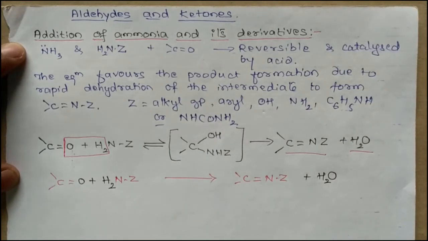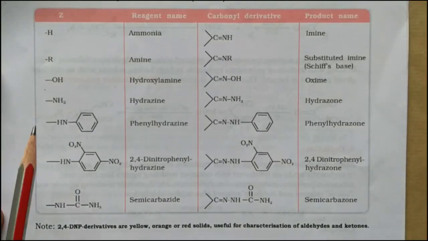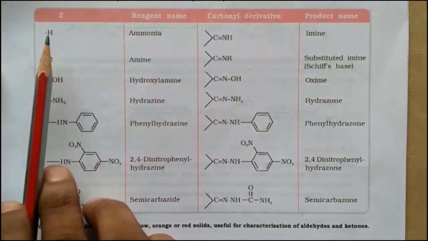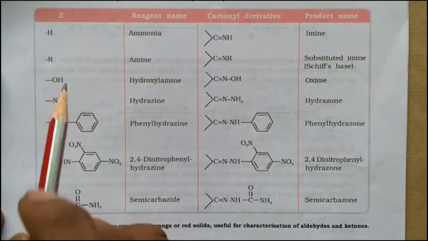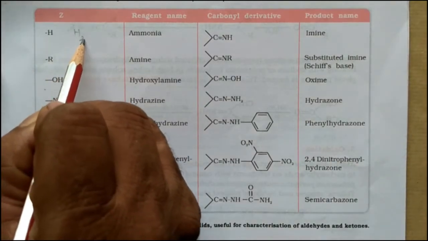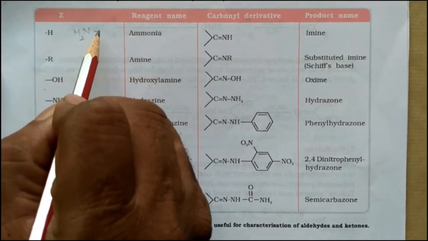Now let us see the tabular column of the Z, reagent name, carbonyl derivative and product formed during this reaction. If ammonia is used as the reagent, then Z is equal to H, like this, H2NH.